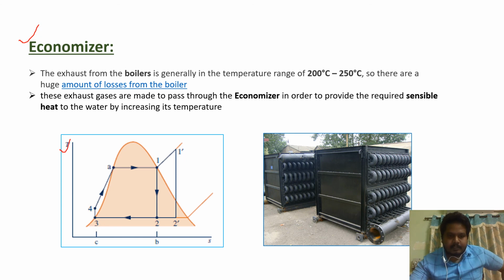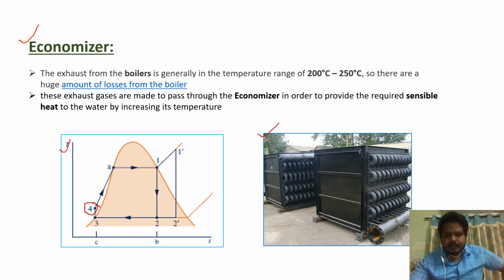After being compressed, this compressed water will enter the boiler at point 4. Before entering the boiler at point 4, the water will be preheated, so that less heat is required to convert the water into steam, so the efficiency of the cycle will be increased.